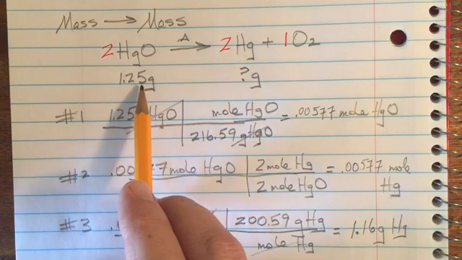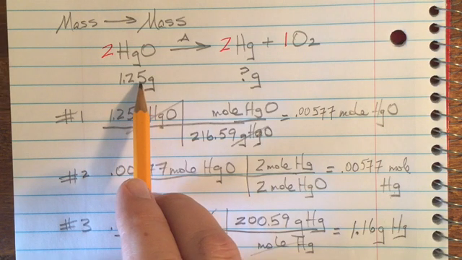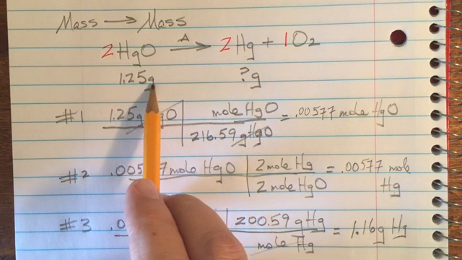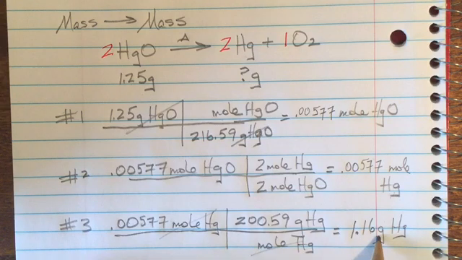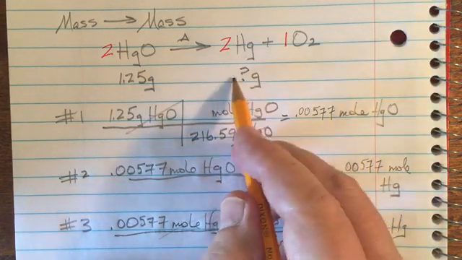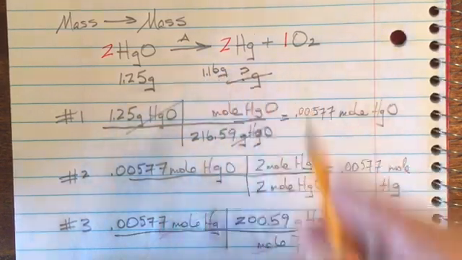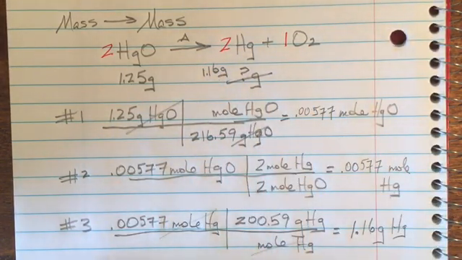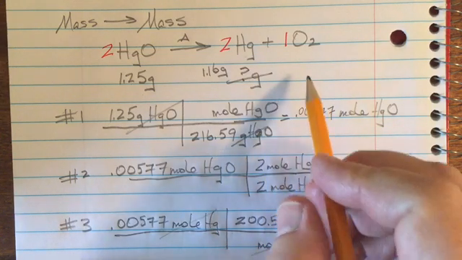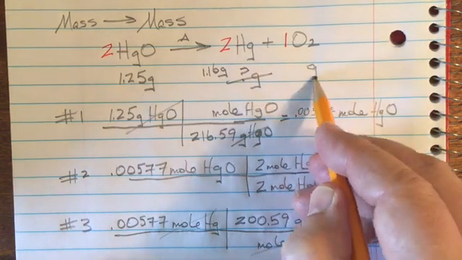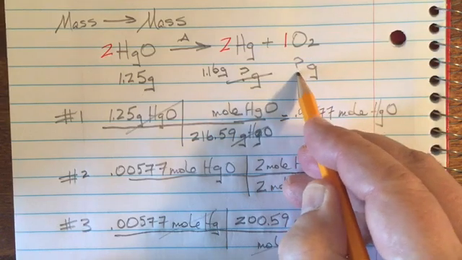If the mass of the reactants equals 1.25 grams, and I calculated the mass of this product to equal 1.16 grams, let's apply our understanding of the conservation of mass to determine what the mass is of oxygen. Well, I could do it two ways.